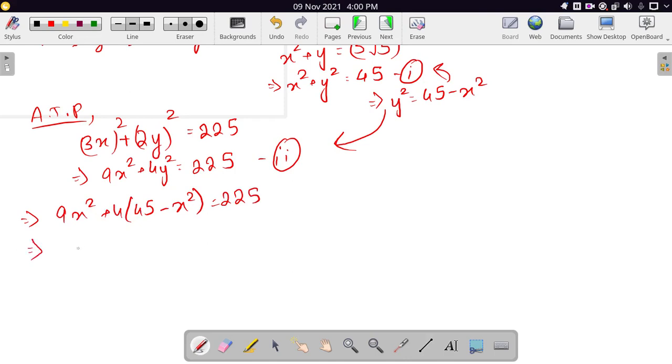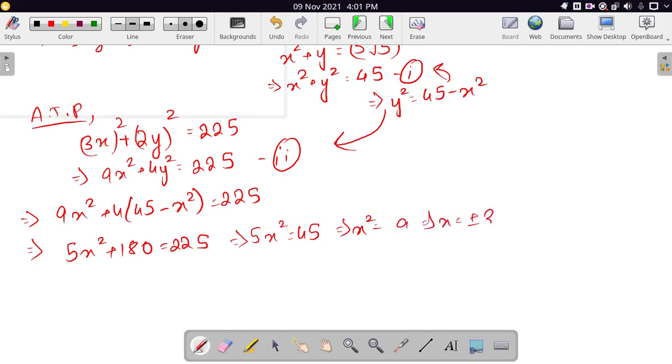Simple. Now this is what? This comes out to be 5x square plus 180 is equal to 225. This is equal to 5x square is equal to 45, which means x square is equal to 9, which means x is equal to plus minus 3. See, we will not be taking x equal to minus 3 in this equation, because distance cannot be negative, because distance again is a scalar quantity and cannot be negative.